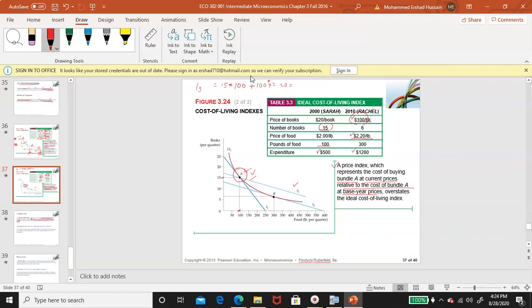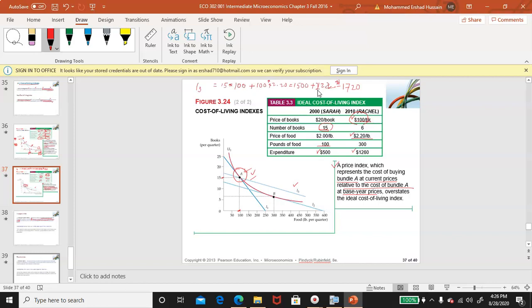So this is 1500 plus 2.20 times 100, which will be 220. So it will be 1500 plus 220, it is 1720. See?